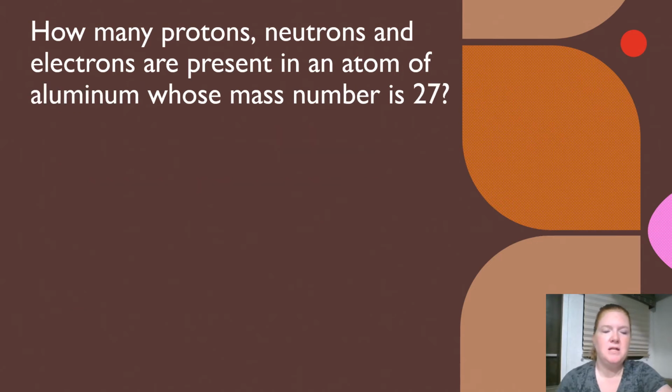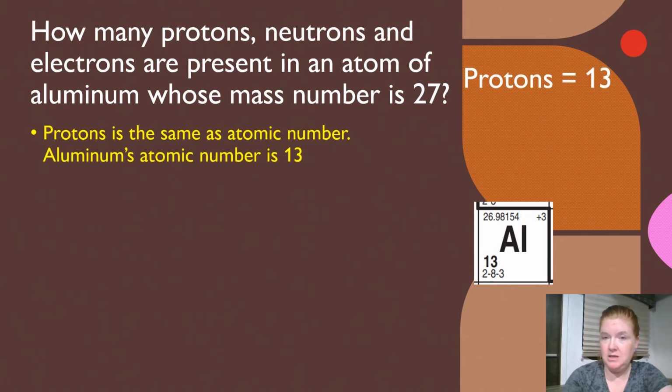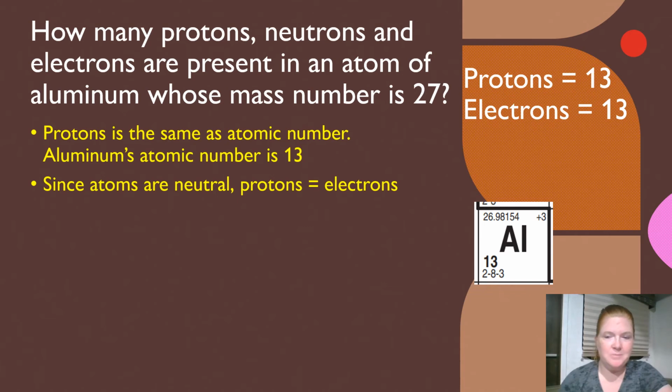How many protons, neutrons, and electrons are present in an atom of aluminum, whose mass number is 27? Well, protons is the same as atomic number. Aluminum's atomic number is 13, so the number of protons is 13. Since atoms are neutral, the number of protons has to equal the number of electrons, so also 13.